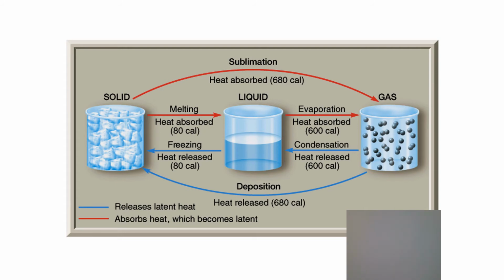And then to get that vaporized, we have to have 600 calories of energy. So all in all, that's 600 plus 100 plus 80. So 1 gram of ice would have to absorb 780 calories of energy to become a vapor. And conversely, if it goes back the other way, those calories are going to be released into the atmosphere.